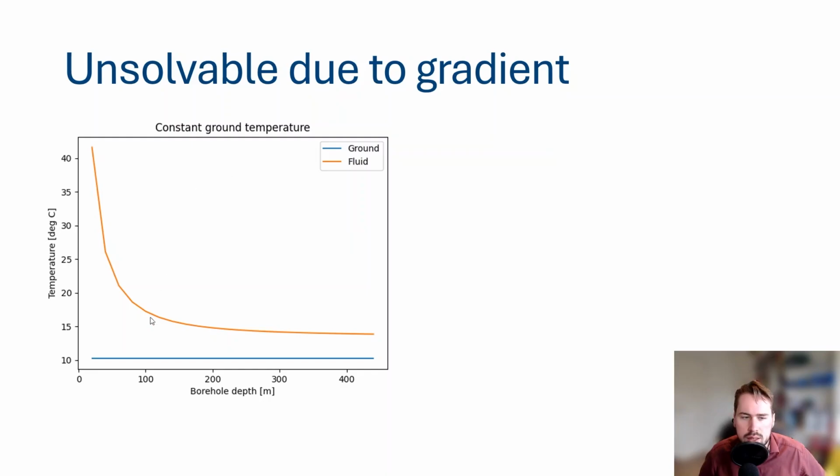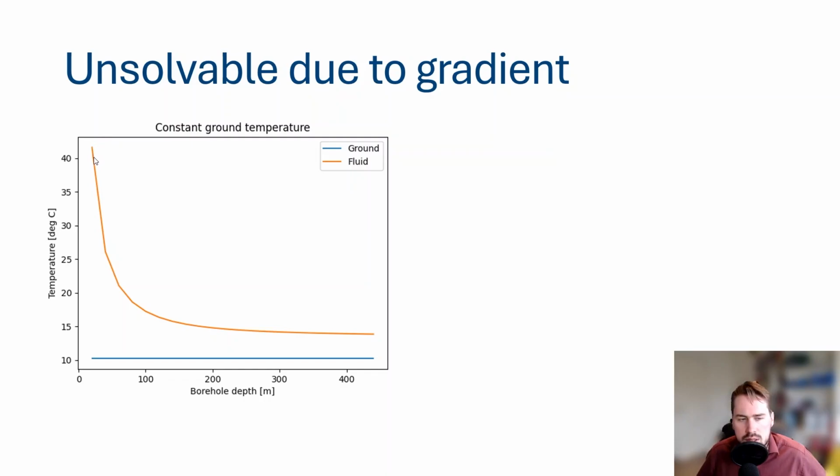So to illustrate this, here we have a temperature profile for the constant ground temperature. So what you can see here is we have indeed a constant ground temperature of almost or a little bit over 10 degrees Celsius. And then we have our maximum average fluid temperature. And as you can see, if we increase the borehole depth, so we drill deeper, and this is of course a very extreme scenario, but you understand the point that if we are very shallow, we have a high power per meter for a bore field, so also very high peak temperatures in cooling.